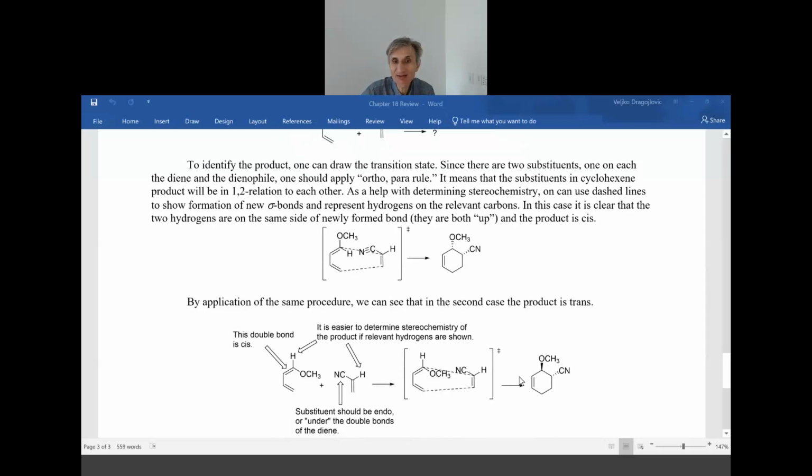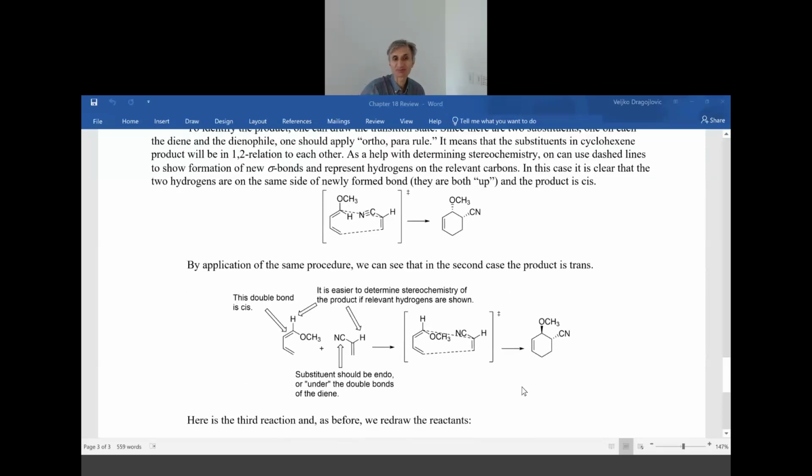And then we apply the same procedure on the next compound. The difference between this compound and the previous one is that the double bond is cis. So you should represent it as cis when you redraw the reactants in these vertical orientations. And then again, you draw a transition state in such a way that the substituent is under the diene system or points down.